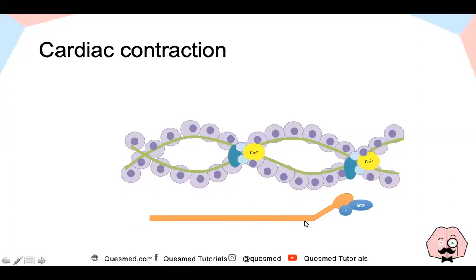The myosin relaxes, and the ATP is broken down into ADP and phosphate, and the energy from that reaction is stored again in the myosin head. That brings us essentially to the beginning. The calcium molecules will then dissociate, and it brings us to our relaxed state again.